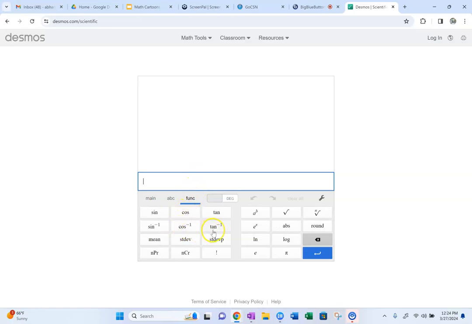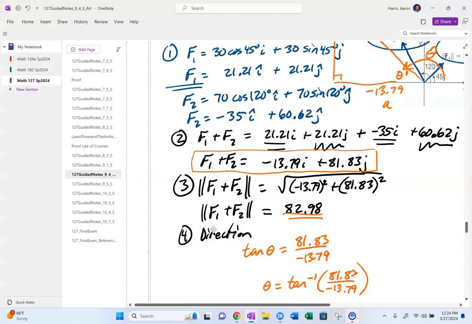Let me take the arctangent. I had 81.83 divided by negative 13.79, I believe it was. So negative 80.43.